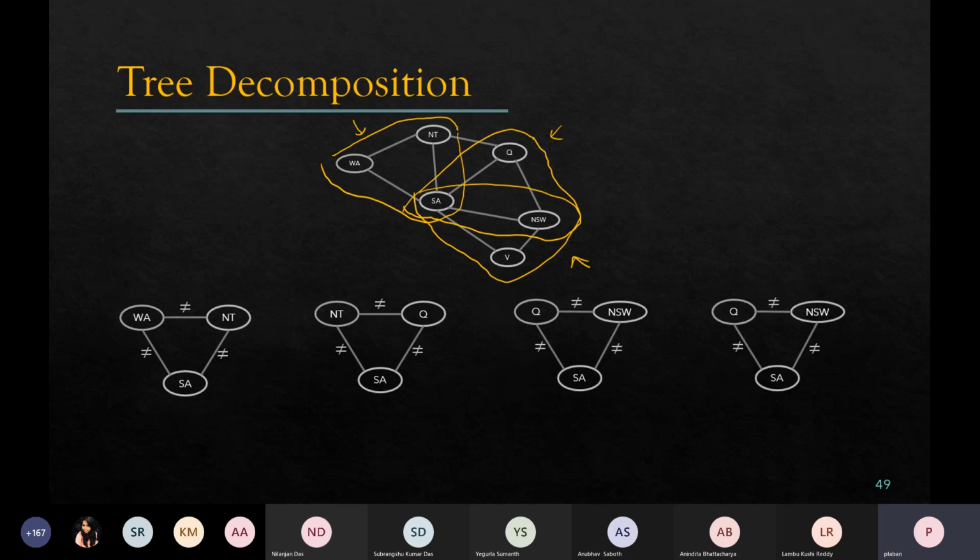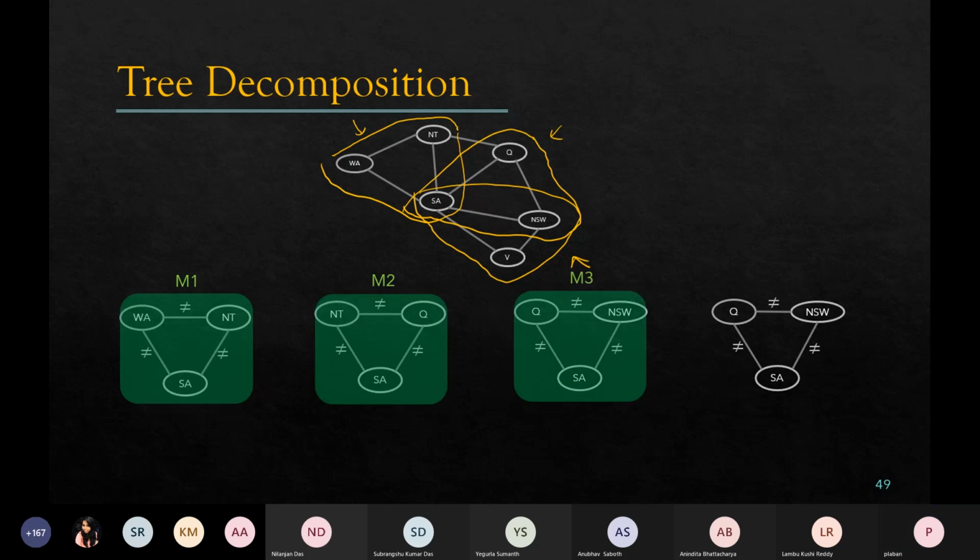And we define, so I think, yeah, there is another. So we define a mega variable consisting of all this. And internally we have the constraints that we have said earlier, like WA should not be equal to NT, something like that. Now, what is the benefit that we will be getting here? So now, while we are assigning value, we can treat these problems individually.